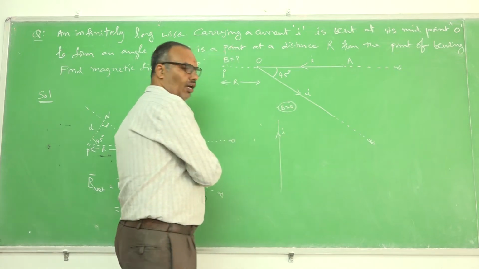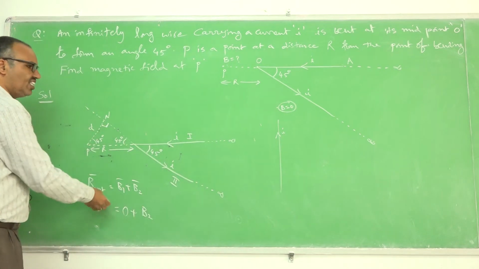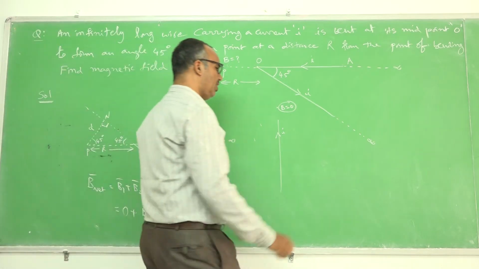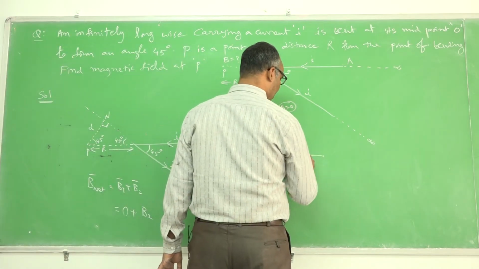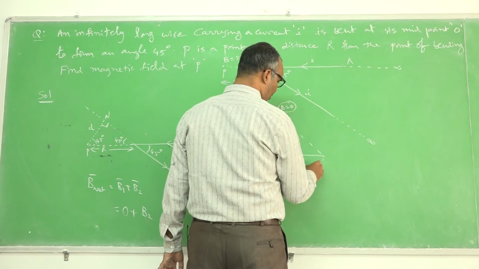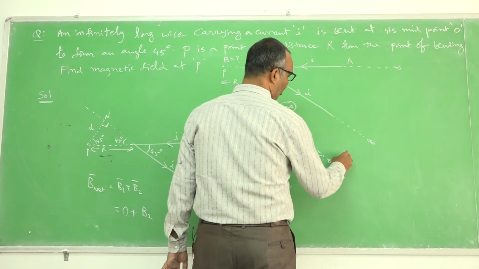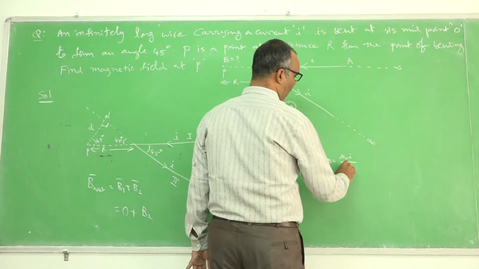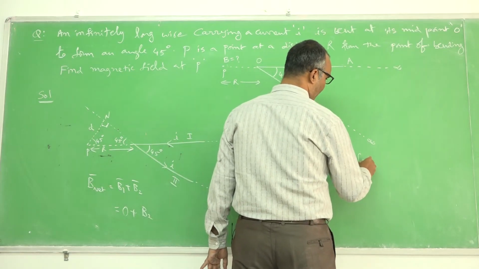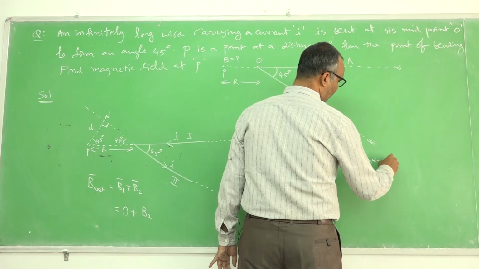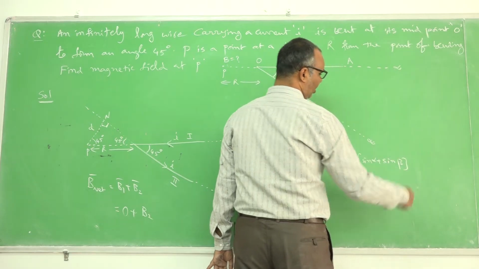That's what we applied in case 1. If the point is lying somewhere here, if the distance is d, it is making some angle alpha here and beta here, means magnetic field is mu naught I by 4 pi d, sin alpha plus sin beta. This is the general formula.